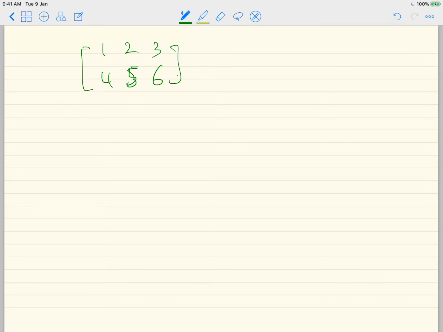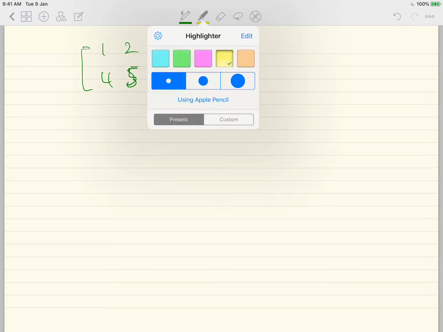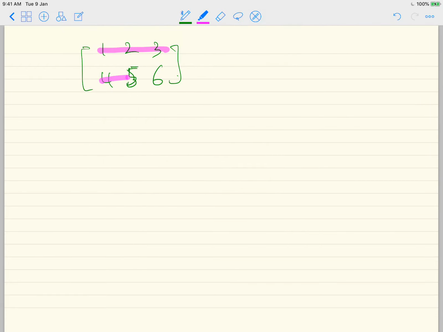Okay, so here we have this horizontal, one-dimensional list of values. That one-dimensional list of numbers is called a vector, right? And if it is a two-dimensional array of numbers, then we call it a matrix, right?